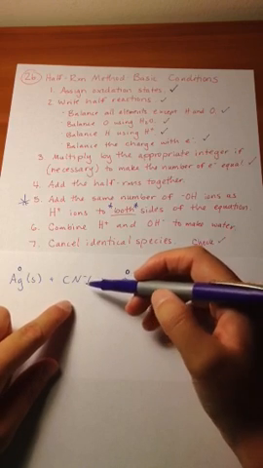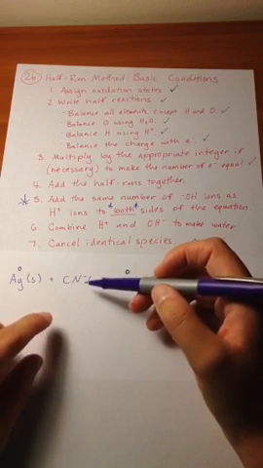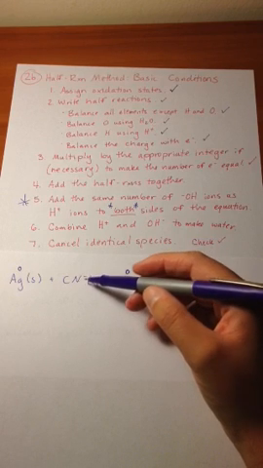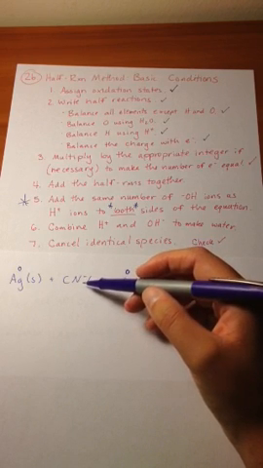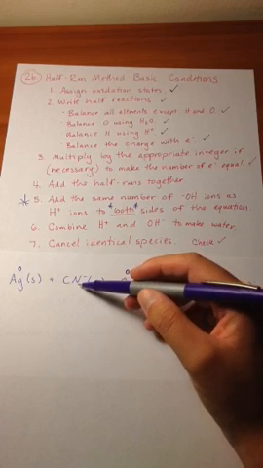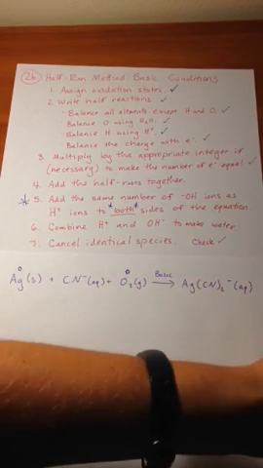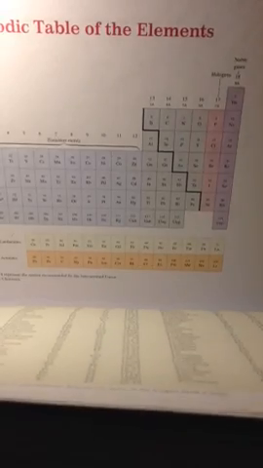Now let's get to our friendly cyanide ion over here. And so this is where our electronegativity rules will come into play. And since our nitrogen is more electronegative than carbon, it will hold the negative oxidation state. And so let me see if I can pull up the periodic table for you guys here. Okay, there we go.